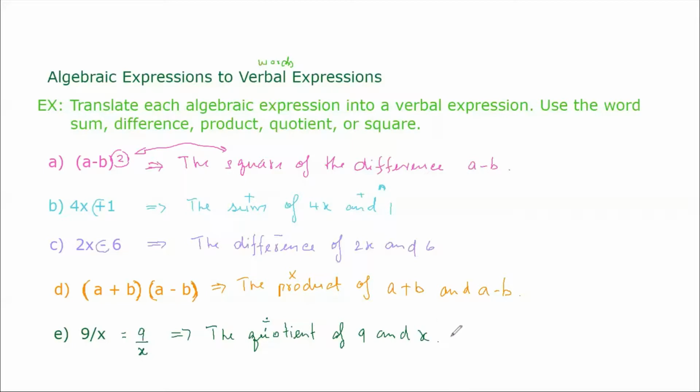Now this example converts from algebraic expressions to verbal expressions. At the same time, I can ask you the reverse, right? I can ask you to express from verbal expressions to algebraic expressions. So you just do the reverse, that's it. Okay, so we go for the next example.